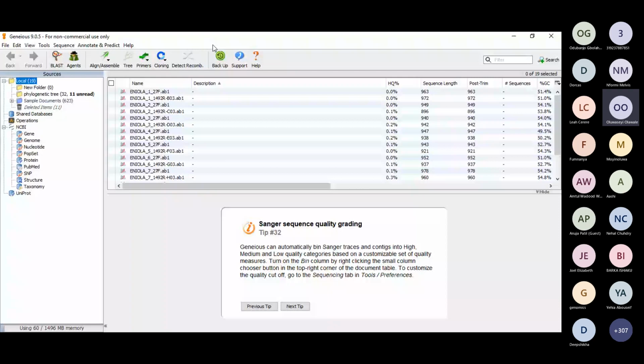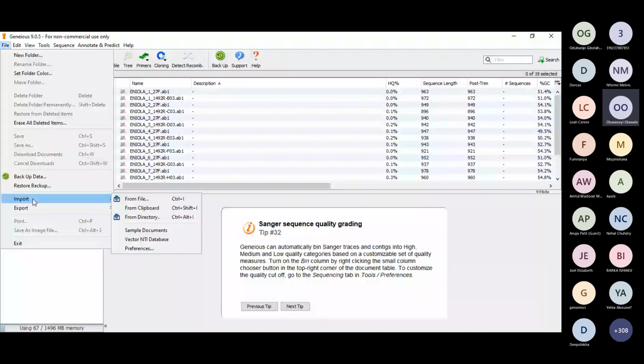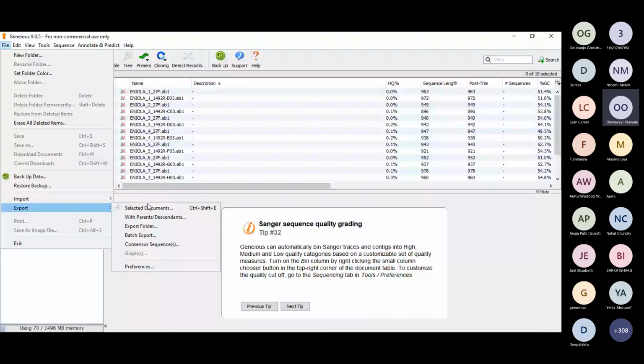So the first thing I'm going to introduce is the software, which is this. The next thing I'm going to introduce is online pipeline tools for different kinds of omics data analysis. Now, this is Genius software, and I'm going to provide you with the link. When you open this software, go to file, and from there you can import data from your computer.